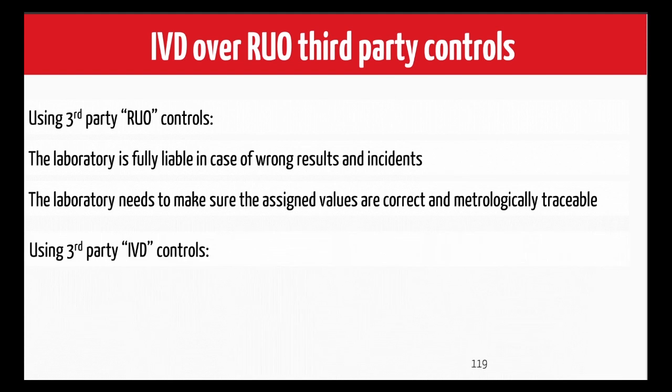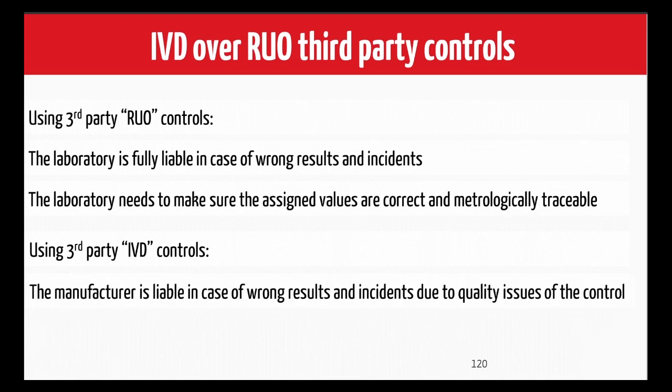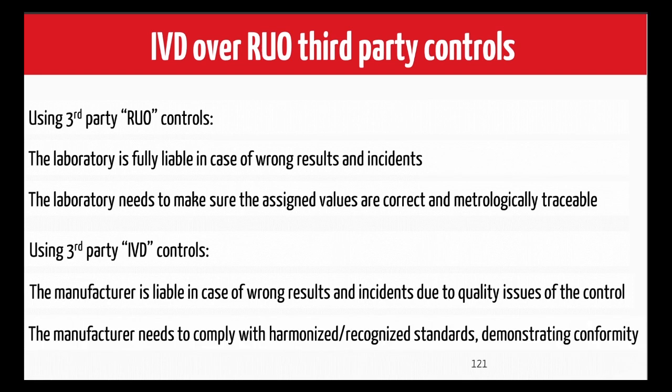And if you're using third-party IVD controls, this is different. In this case, the manufacturer is liable in case of wrong results and incidents that are caused due to quality issues of the control. And the manufacturer needs to comply with harmonized and recognized standards demonstrating conformity.